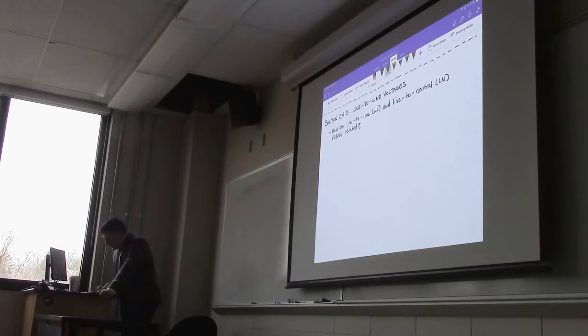If we draw a picture here, we can see we have our neutral, our phase A, our phase B, our phase C. Not exactly even, but this is A, this is B, this is C. This would be our VAN plus minus, that's N. This would be your VBN plus minus, your VCN plus minus.